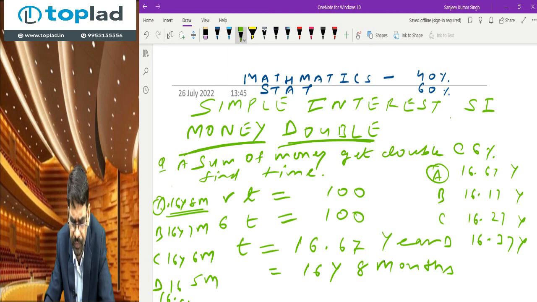In theory papers there may be a chance of not getting full marks, but in the mathematics and statistics papers you will get full marks if you do the question in proper steps.